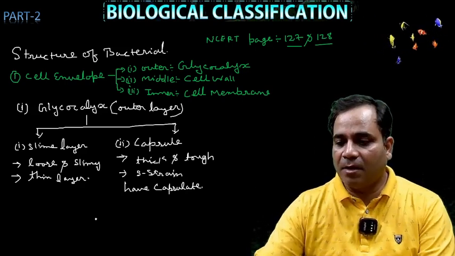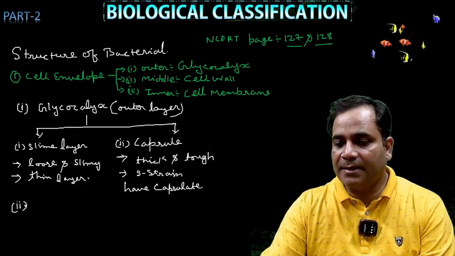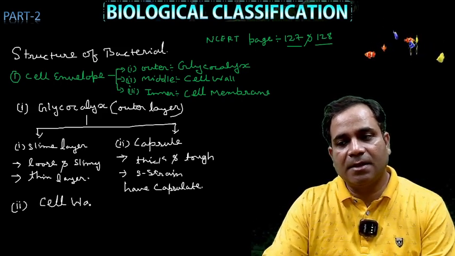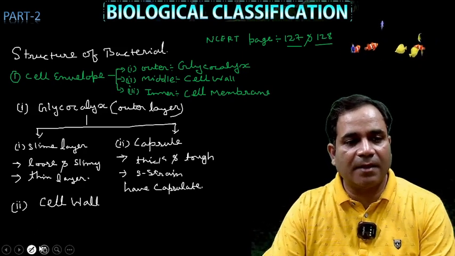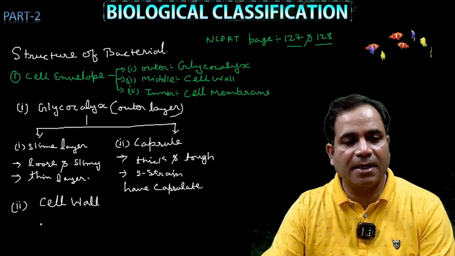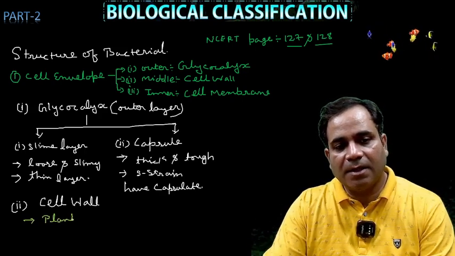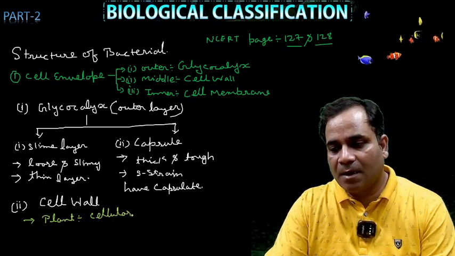Okay. Now the second layer, that is the cell wall. Right? So now I am talking about the cell wall. You know that the plant cell wall is made up of cellulose.